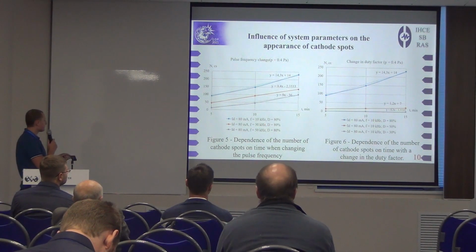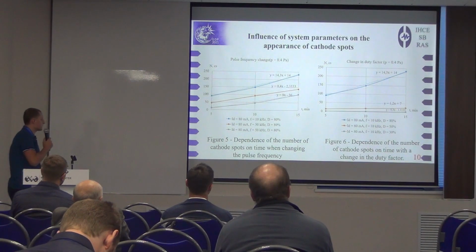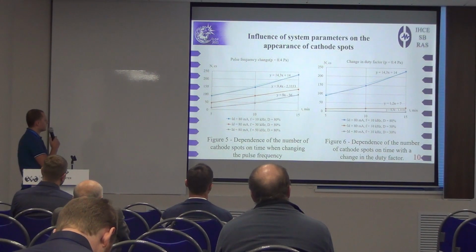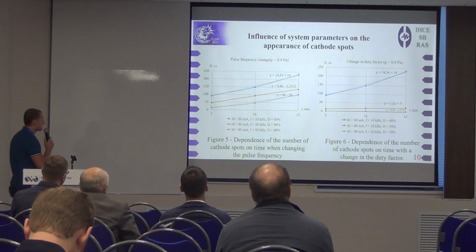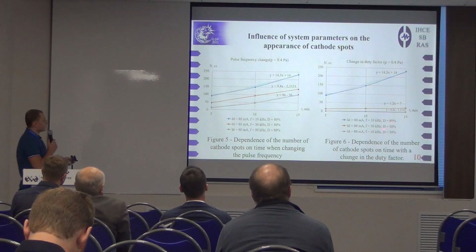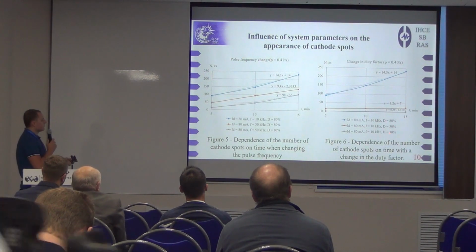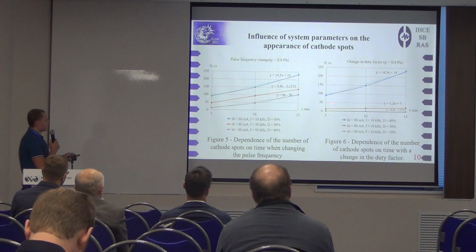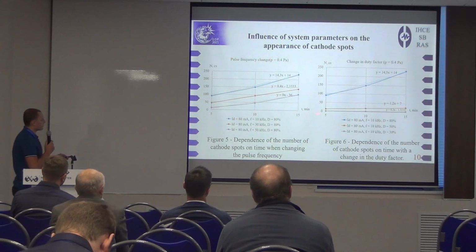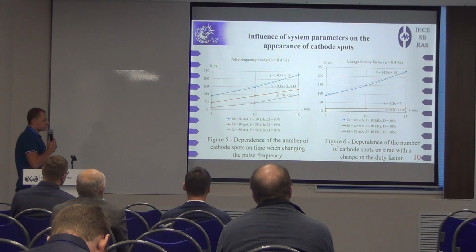If we increase the frequency from 10 to 50 kilohertz, the number of cathode spots sharply decreases. If we decrease the duty factor from 80 to 30%, the number of cathode spots and their increment per time decrease too.